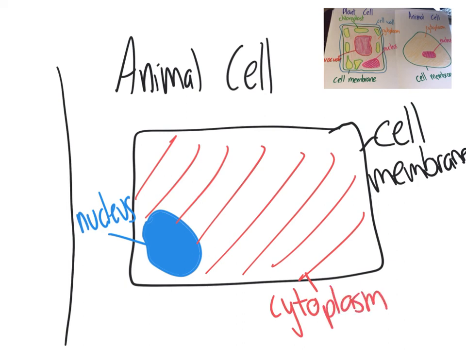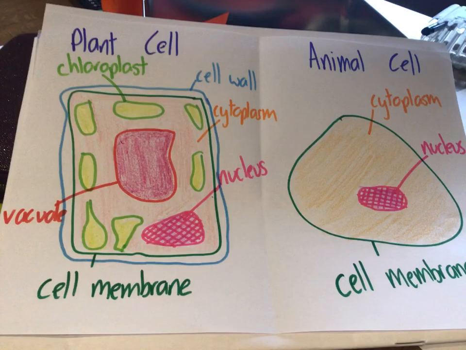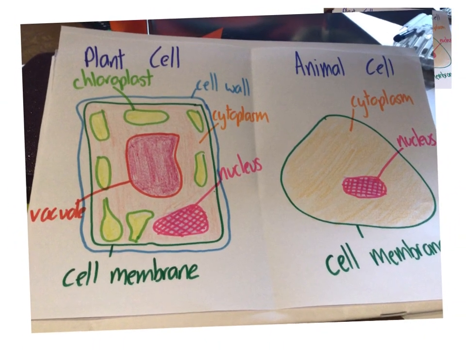So now you've got your animal cell and your plant cell labelled, and you should have something that looks just like mine. So there you go, the plant cell and the animal cell.